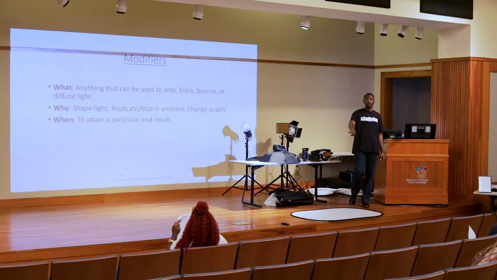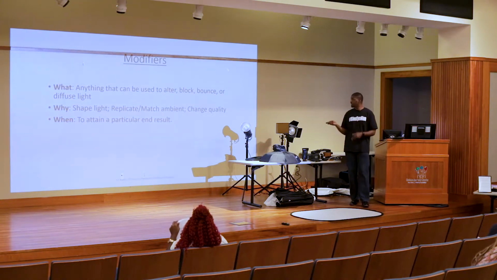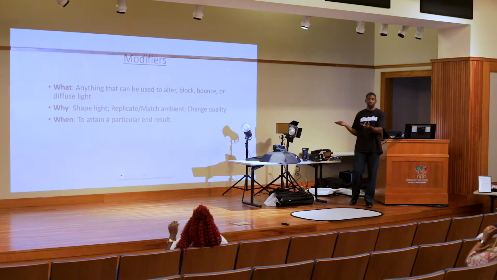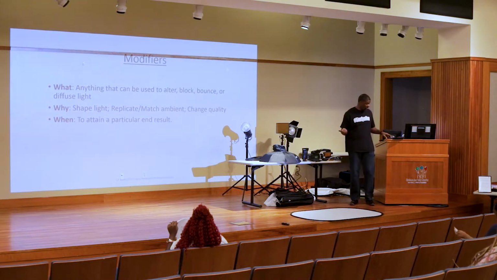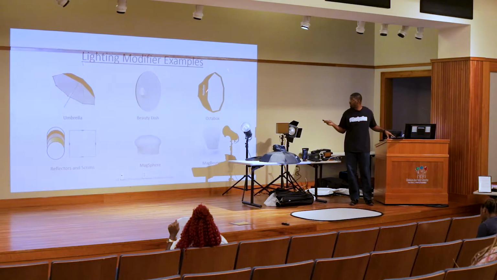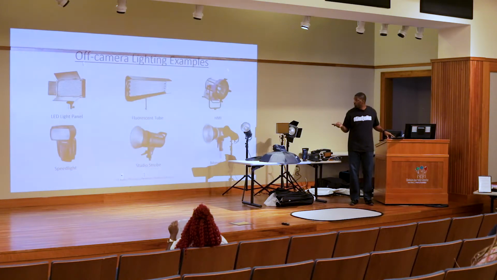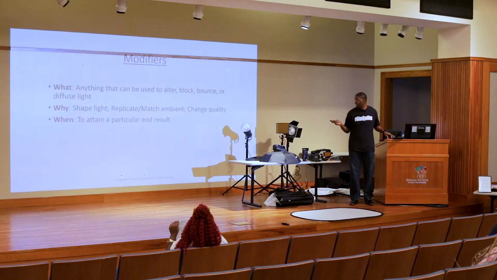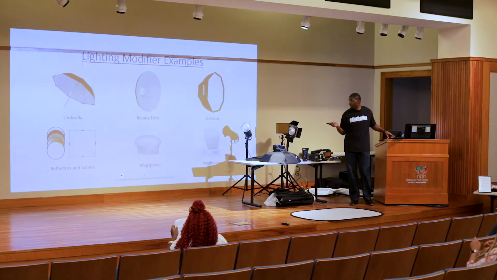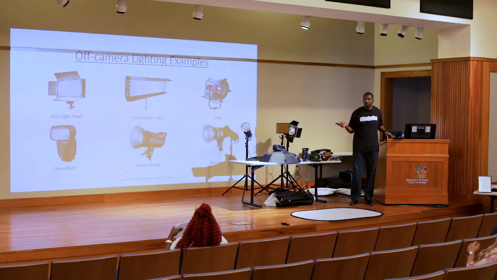Like I was saying before, when you're outside and you want to make soft shadows, that's changing the quality of the light, because outside you get hard. So if you want to change the quality of the light, you want to shoot with something big in relationship to your subject to make it soft. If you're in a soft light source, you want to use a bare bulb or a reflector, because that's going to give you hard.